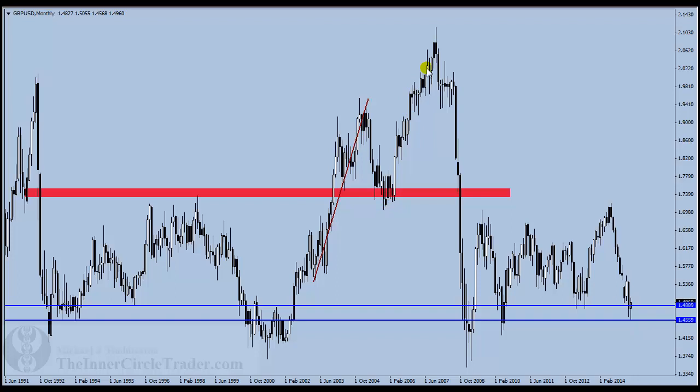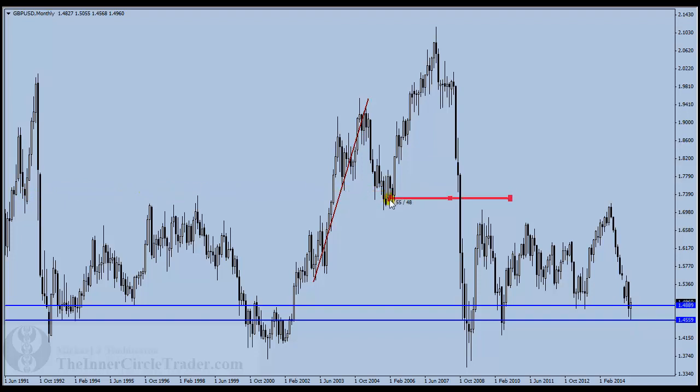When we see these areas, all they do is draw the attention to where there's large institutional order flow. But much like everything else I teach, they have to be further refined. So now we have an area in here. We have this down candle right here. That down candle prior to the move up, it retraces back into it right there, and then boom, it takes off.